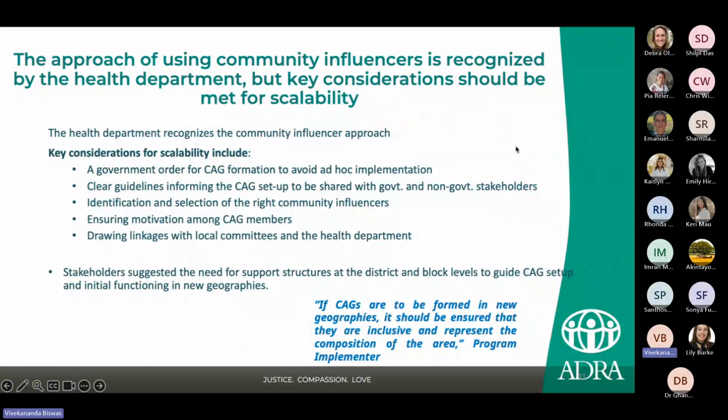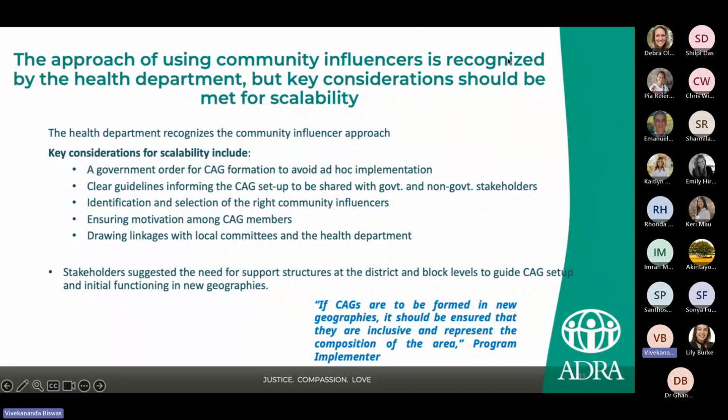Some key considerations: it is very essential that there is some sort of government order for the formation of community action groups. If the government takes this initiative and an order is released, that will help further replication in other areas also.